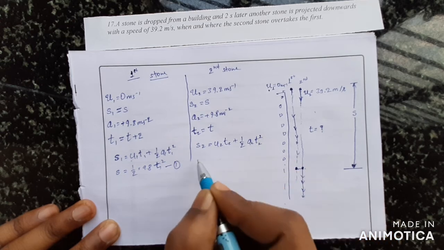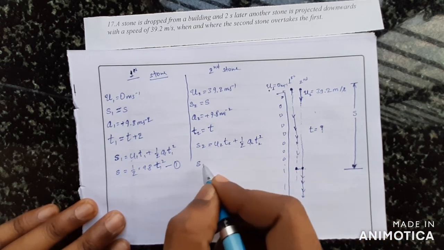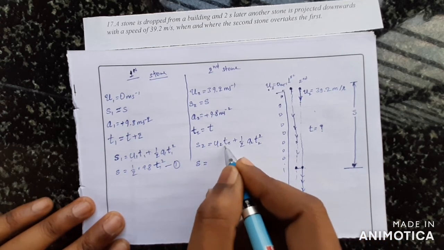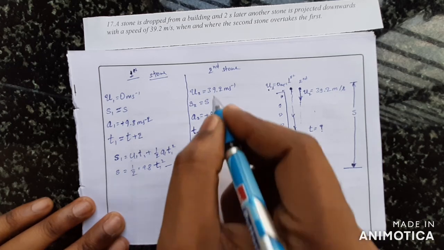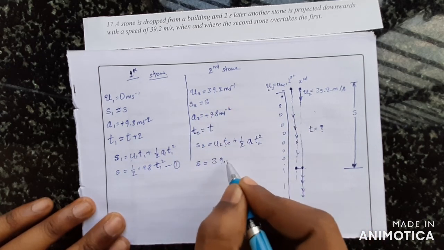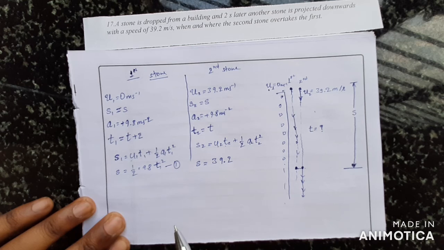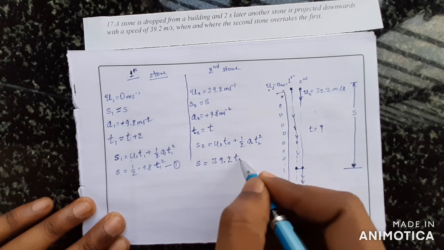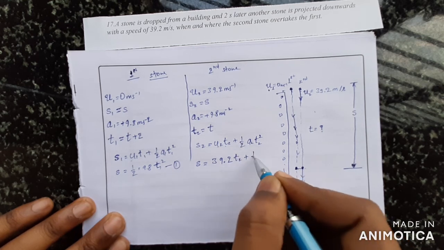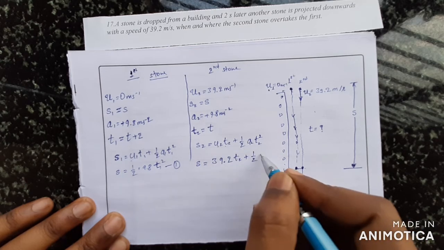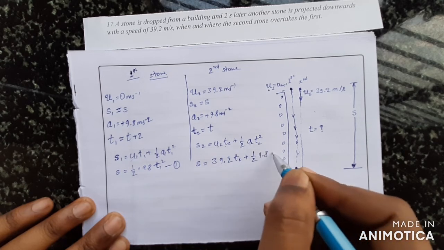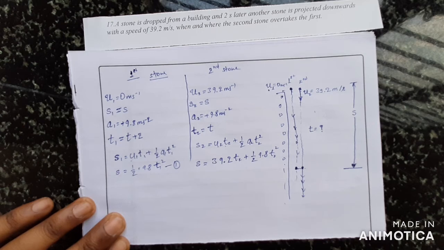What is s2 equal to? S2 is again equal to s. What is u2 equal to? u2 is 39.2, right? t2 plus half a2 is 9.8 t2 squared, right?